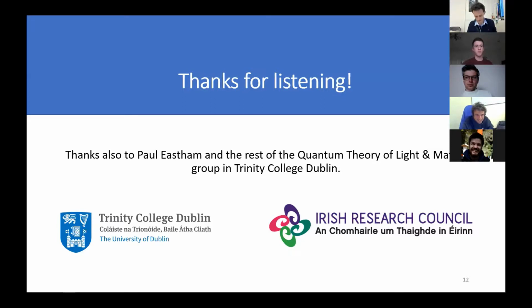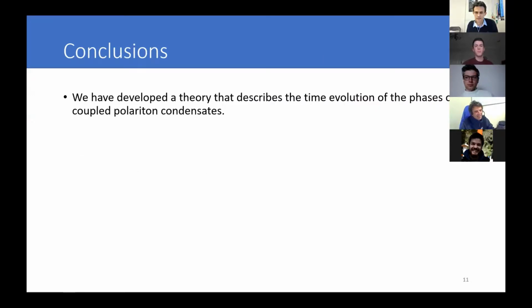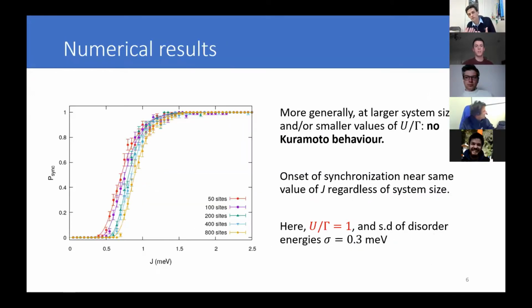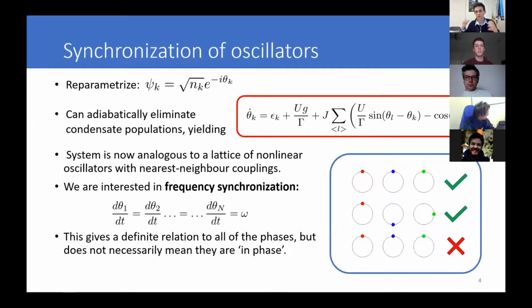I have two of them. So the first one will be, well, in your model, the initial one, which is the Schrödinger equation with pump and decay and things like that, there is no energy relaxation. What do you think could be the consequences on the behavior of the whole system?